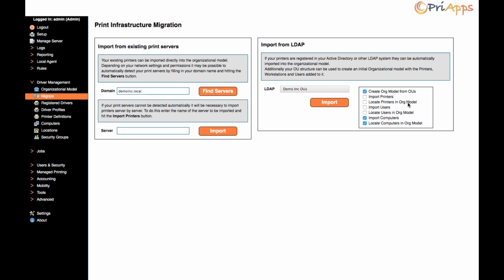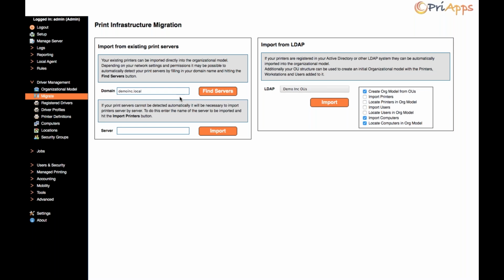So again, if an organization or customer is running a nice Microsoft compliant or Google compliant directory structure, we can pull in that information. So they typically locate users and computers and printers in organizational units. And we can use that information to pull it in and create our organizational model. So we're going to pull in users, we're going to pull in computers in this case, and we're going to get our printers from the migration.